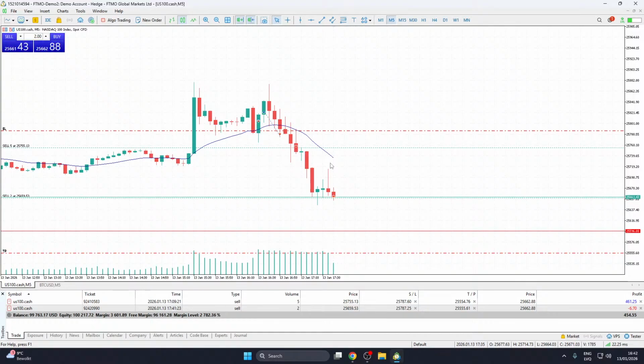You can sell there. If you want more probability, you might want to wait for all of this to break and then sell there with a stop. I don't really mind. I'm probably gonna finish in 35 minutes, something like that.